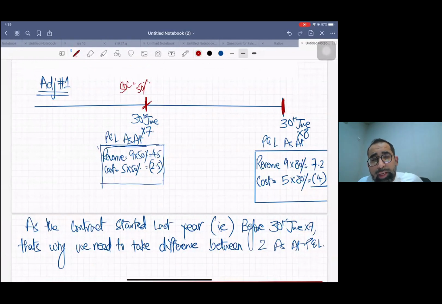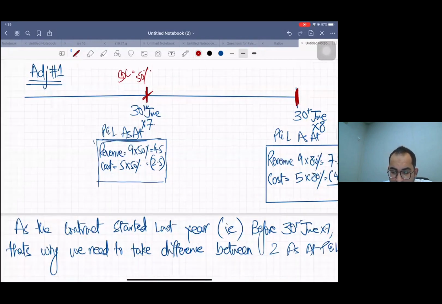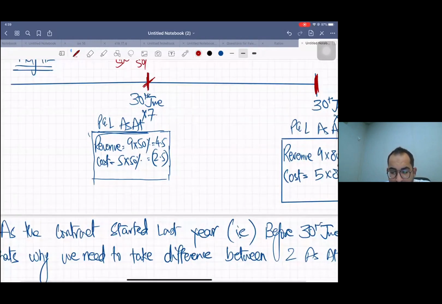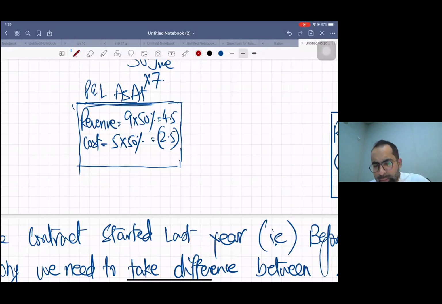So whoever was the accountant last year must have made this P&L last year. 9 million was the revenue. Here I've just used the complete 9, but in the exam you have to use 9,000. 9 million times 50% is 4.5, and 5 is the total estimated cost.